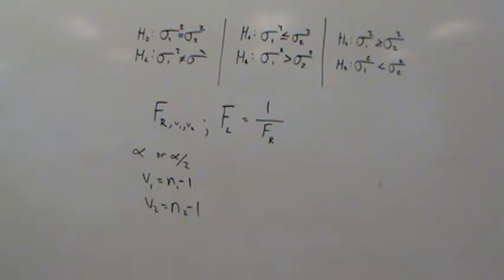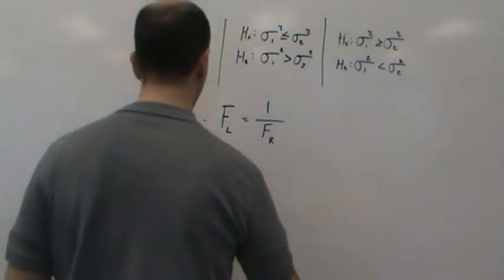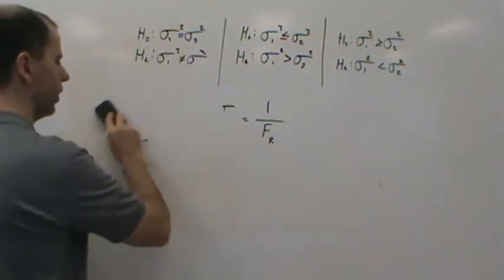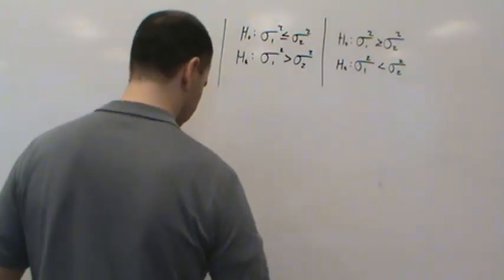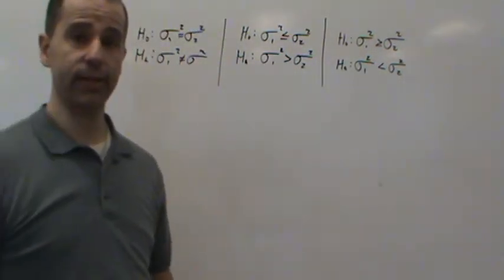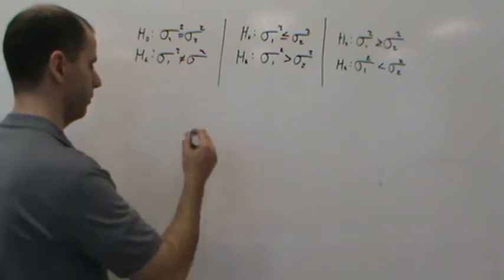Now, here's what we're going to do. We don't need to use the chart because we're going to use a function on your calculator. The function is the 2-sample F test.